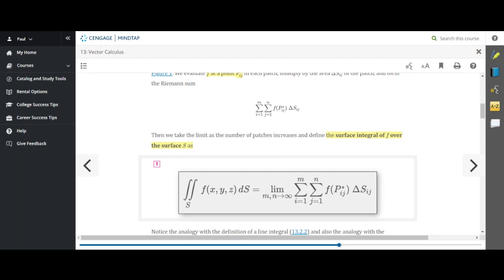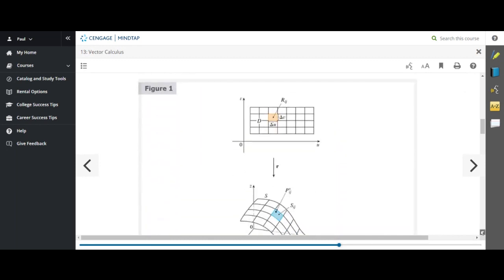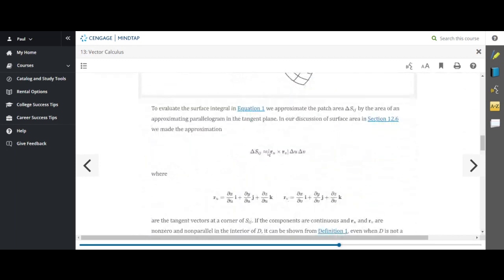So let's substitute in for delta S sub ij the expression for approximating the area of the ijth patch. That would be equal to the cross product of the derivative vectors r sub u and r sub v times delta u times delta v.